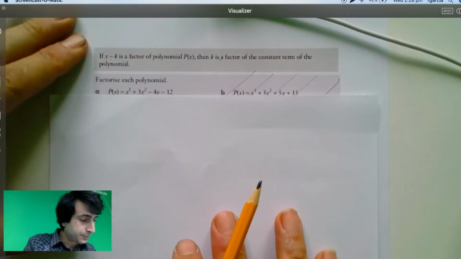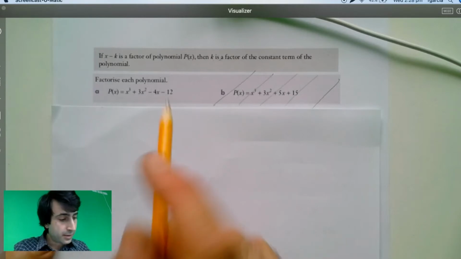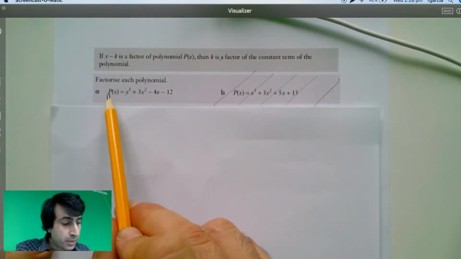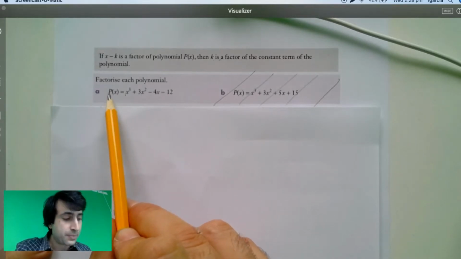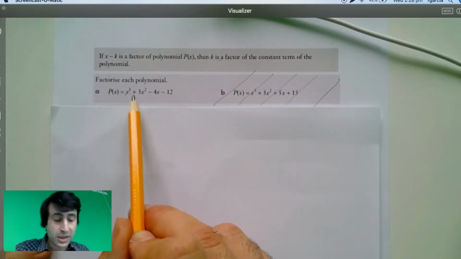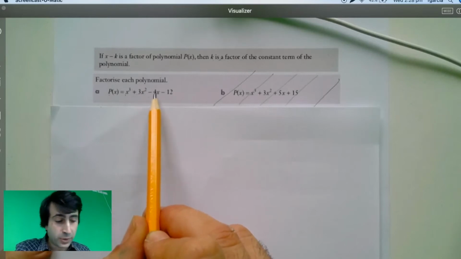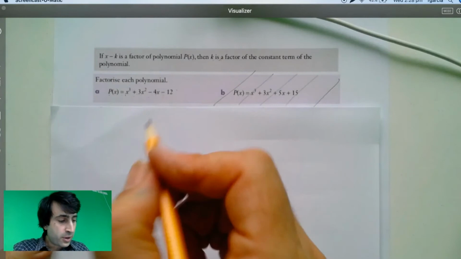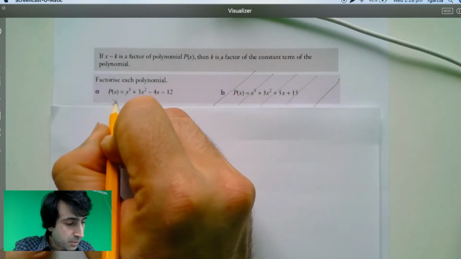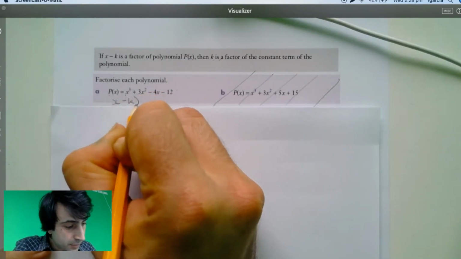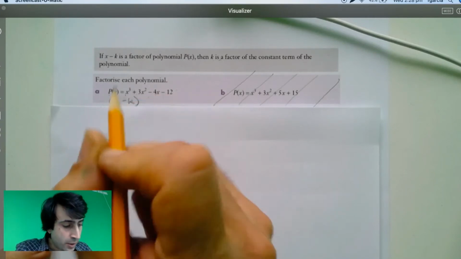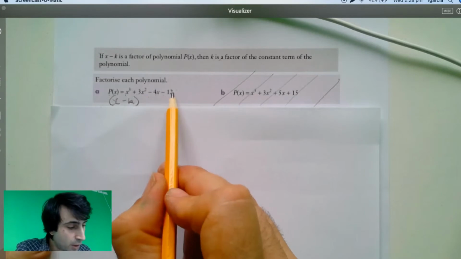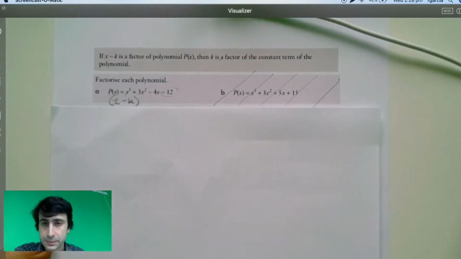For example, we're just looking at question A here. If I've got polynomial p equals x cubed plus 3x squared minus 4x minus 12, well then if I divide this by x minus k, I know that k is going to be a factor of minus 12.